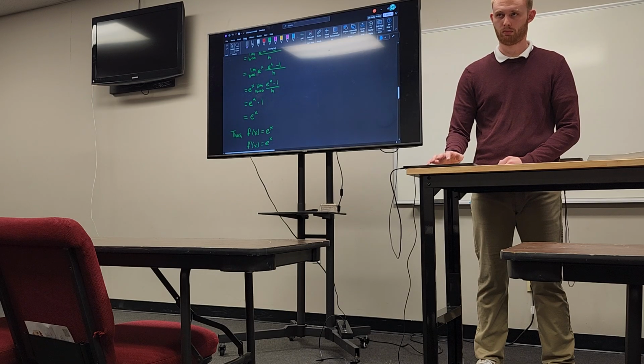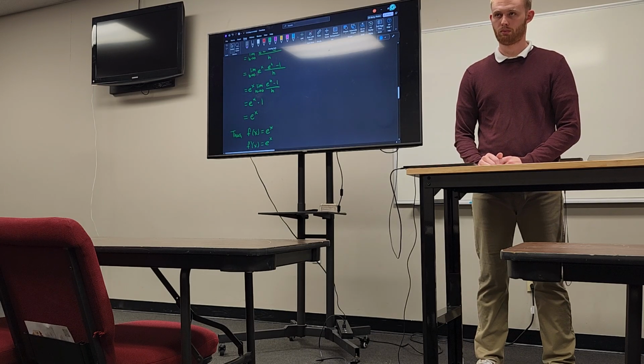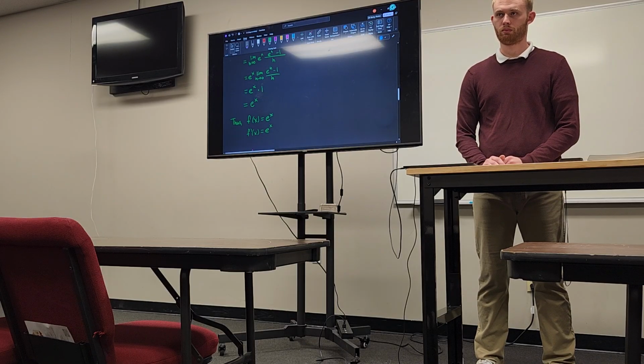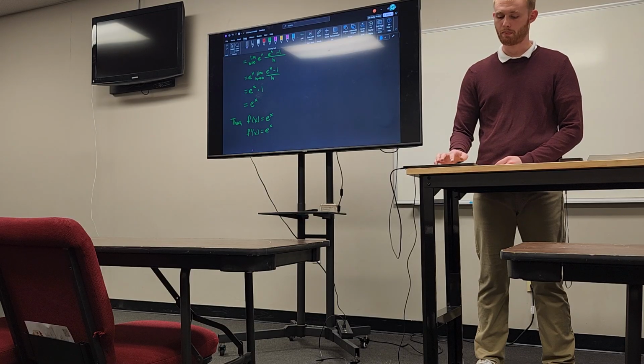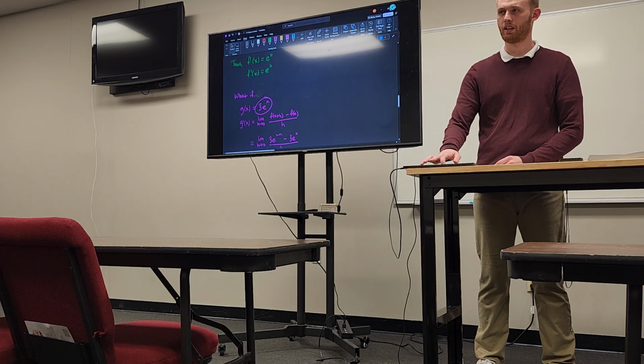And so no matter what your constant is, the slope of e to the x is always going to be equal to 1. And so you can just put your constant back in, and the derivative of any exponential function and its constant is always just going to be itself. Okay.